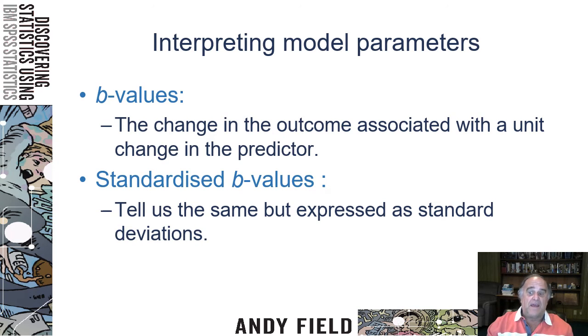So the beta is in standard deviations the amount of change that will occur in the outcome variable, or Y, or the dependent variable, by changing one of the X's 1 unit. Again, given that you've held constant all the other X's in the model. Okay? Hopefully you follow that.